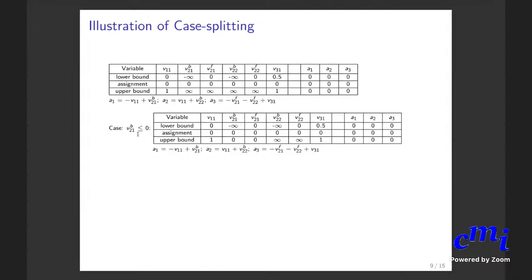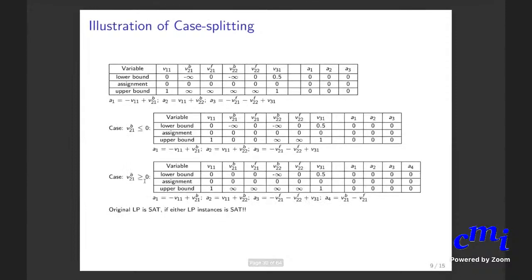To solve the case where V21B is less than or equal to 0, all you need to do is change the upper bound of V21B.